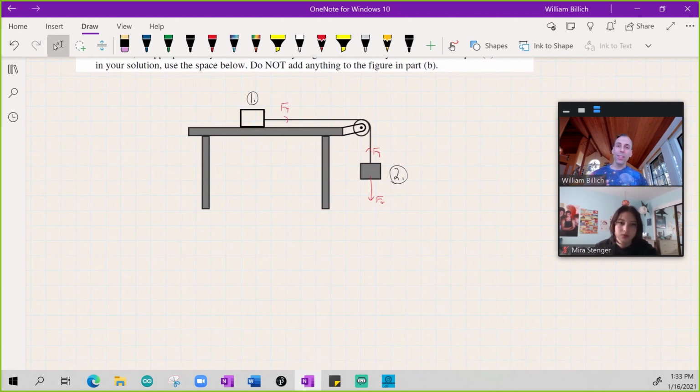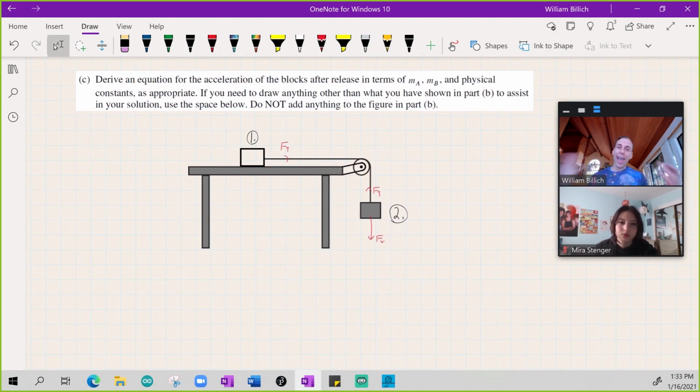So this is called Atwood's machine, or two masses connected across a pulley. It's almost certainly going to show up on your exam. It's one of the favorite topics they bring up, and there are so many ways they can trick you on it. So if you don't get the actual derivation, you're not going to have a good time.